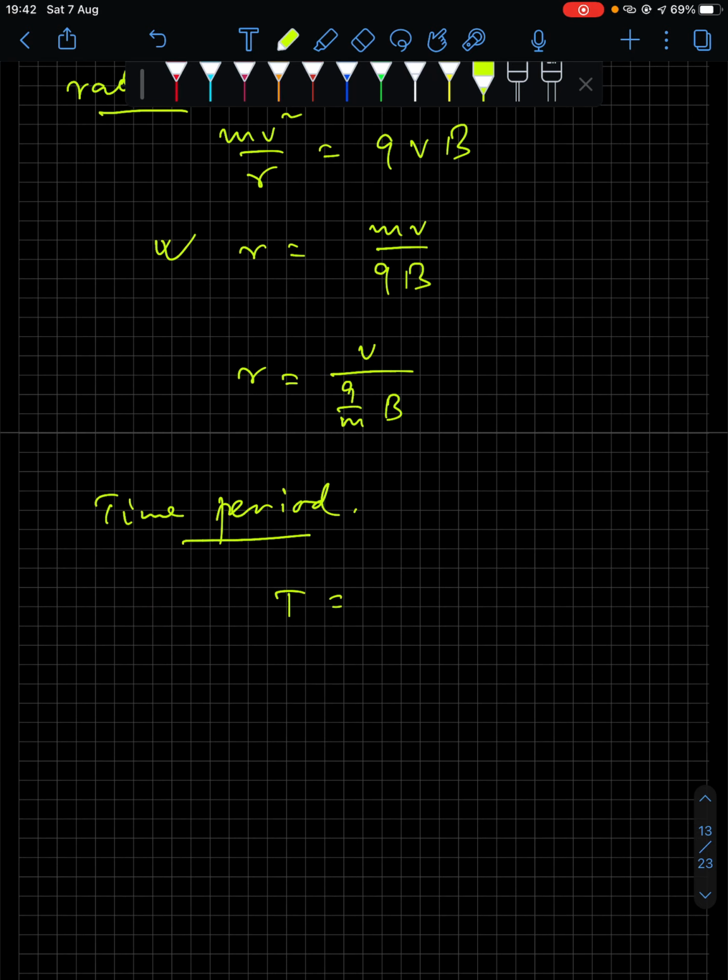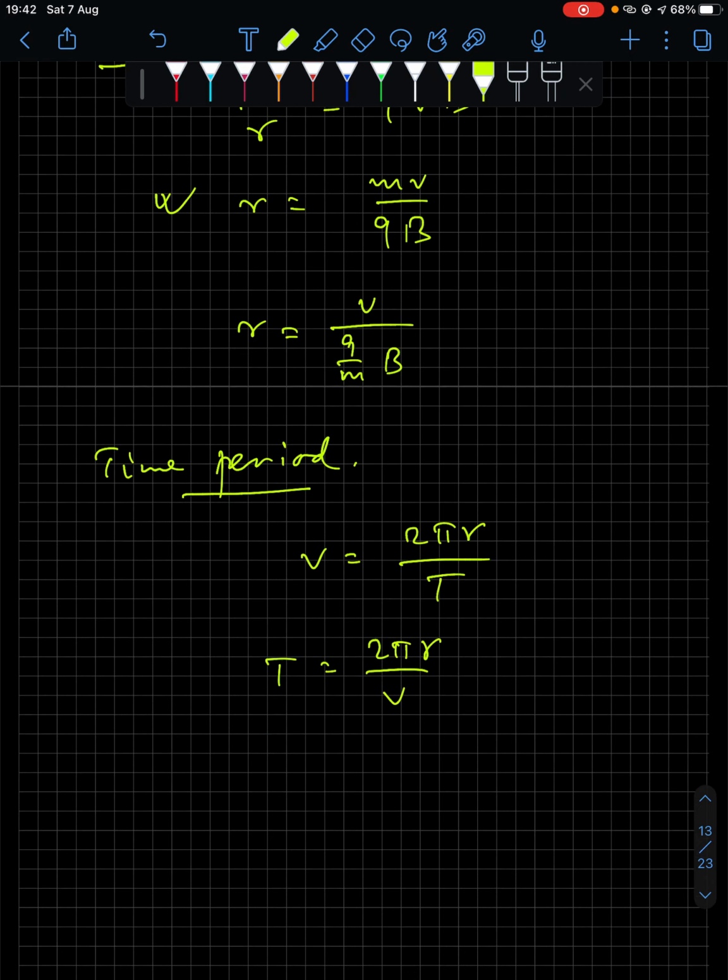Next we come to time period. Time period T equals, well, first of all, the velocity of the charged particle is 2πr. Say it is describing a circle of radius r, then the distance covered is the circumference 2πr divided by T. So T = 2πr/v.